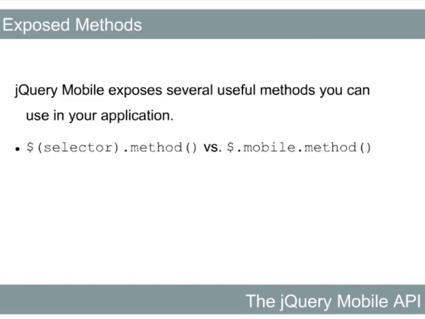Typically, in jQuery development, you're calling methods on a jQuery selector. But many of these convenience routines don't need a selector. So they're just methods that you call directly on the mobile object. So you'll see a slightly different syntax for them, and that's the explanation for that difference in syntax.